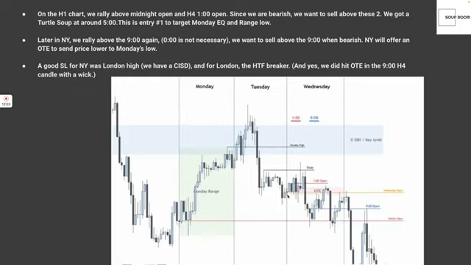Wednesday's price open above 1 a.m.'s 4 hour candle, turtle souping a high, enter short, targeting the equilibrium of Monday's range, and then the opposing end of Monday's range.